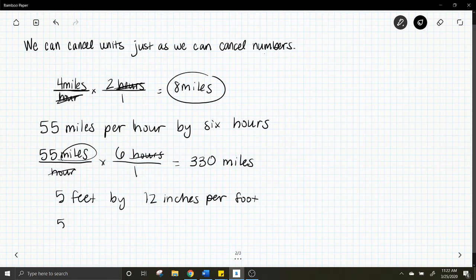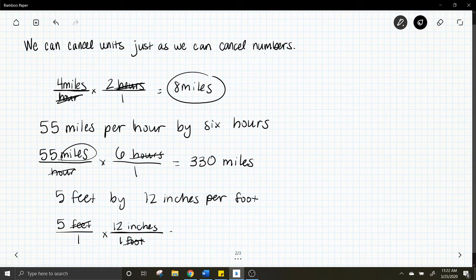We have 5 feet. I'll just put that over 1 so it looks like a fraction, multiplied by 12 inches per, so when you see per, you can write a fraction bar, per foot, per 1 foot. So feet, foot, we know that's the same unit. So we're going to cancel that. And can we cancel anything else?